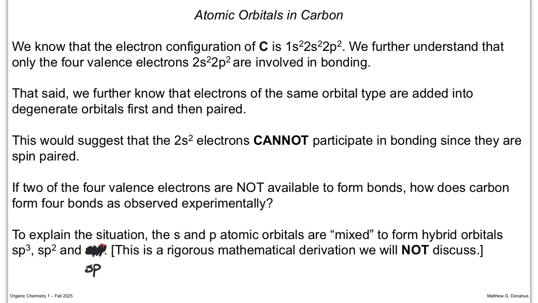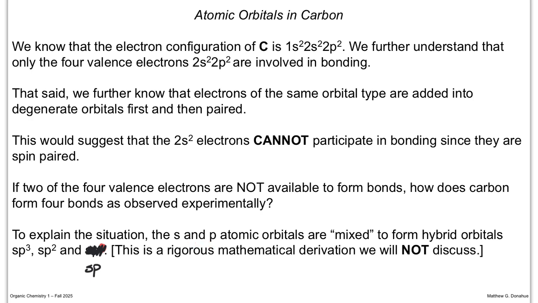So again, the issue was of the 4 valence electrons, 2 are spin paired. We have 2 that are not. And then the atomic orbitals are in different axes and things. So what these physicists did, like Schrodinger, Einstein, Dirac, Heisenberg, all these people, they did a lot of math.